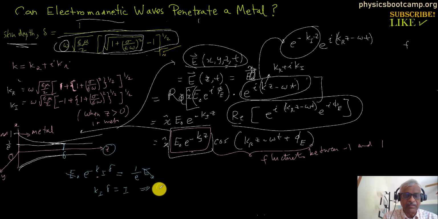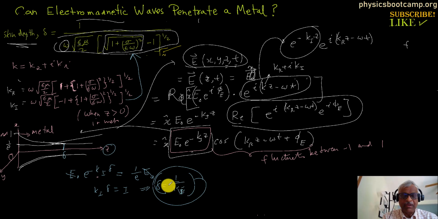So delta equals 1 over k_i. And this is the one written down over there: 1 over k_i, the imaginary part of the wave vector, is what is called the skin depth.